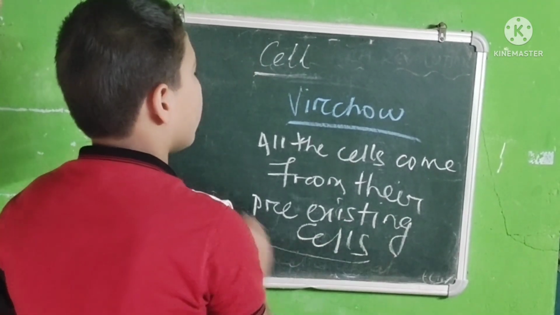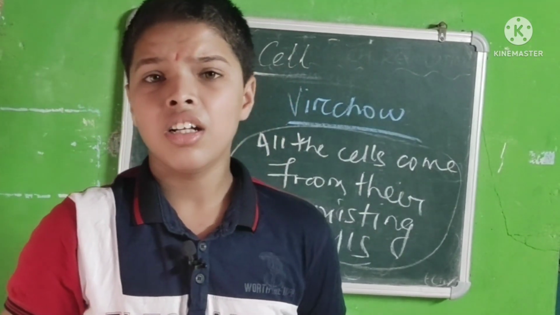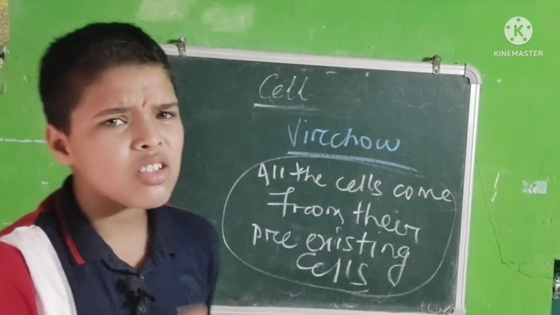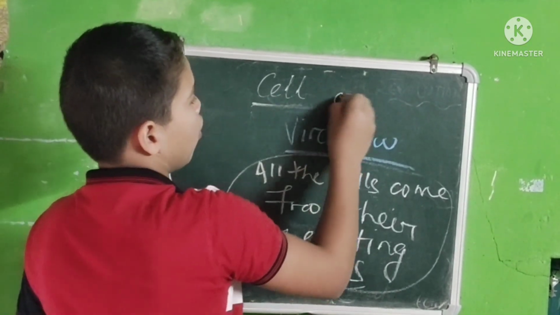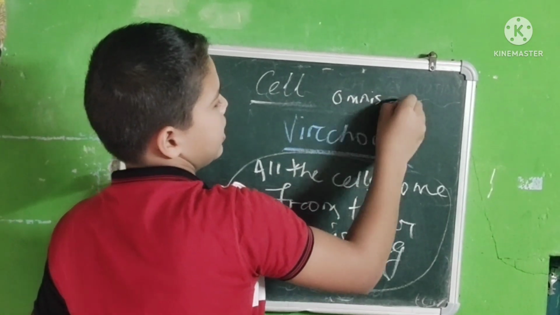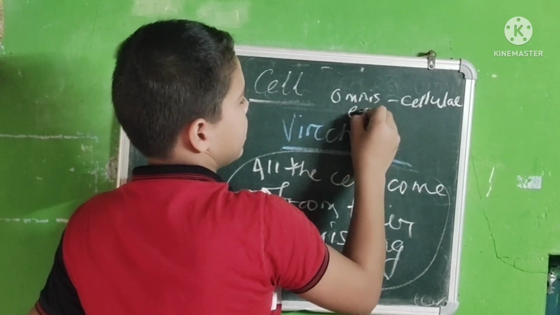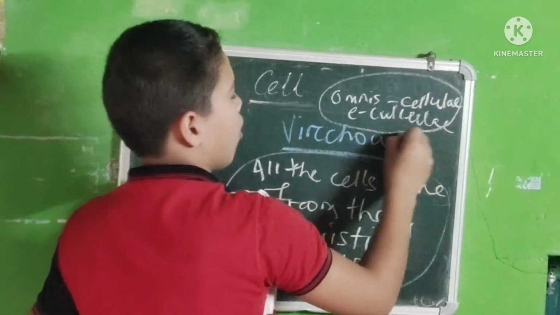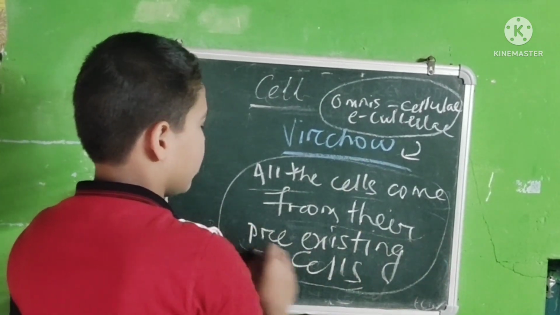This is what the statement of Virchow was, but he did not state it like this. He had his own language for this statement, and that was omnis cellula e cellula. This is what Virchow's statement was, which means all cells come from their pre-existing cells.